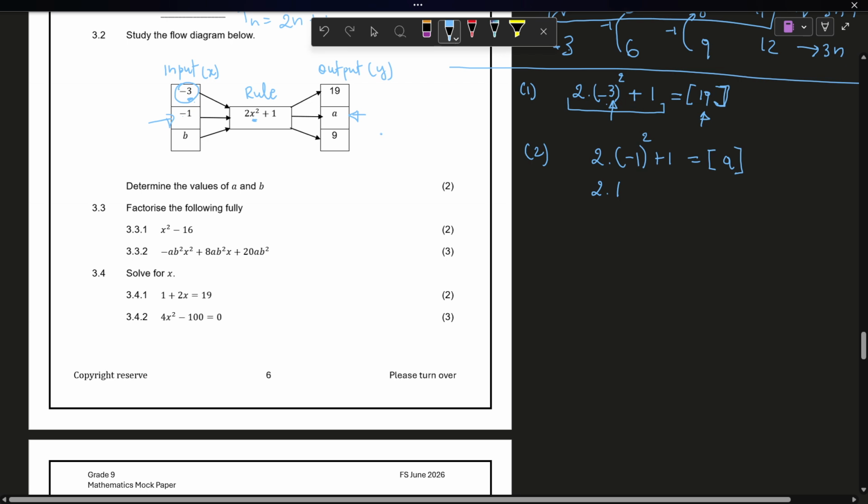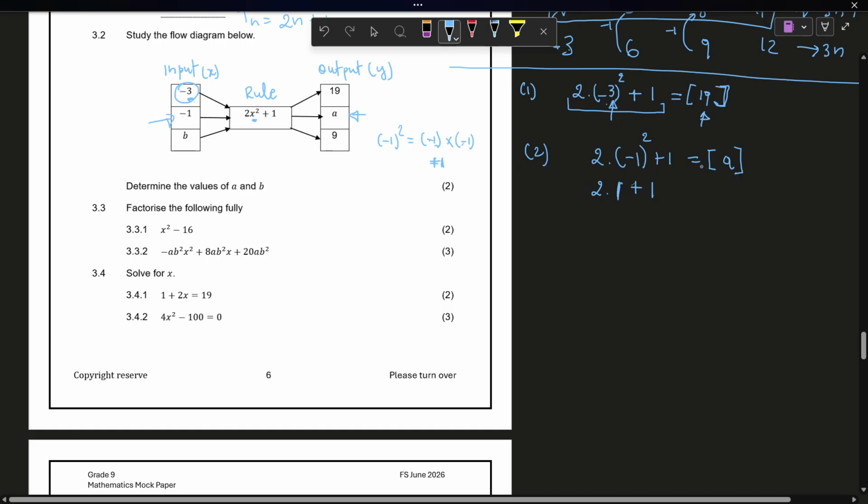Because -1 squared simply means -1 times -1. And then negative times negative becomes positive. So positive, and then 1 times 1 is 1. So I first multiply the sign, which is positive, then I multiply the number, 1 times 1 is 1. So it is just 1 here, right?